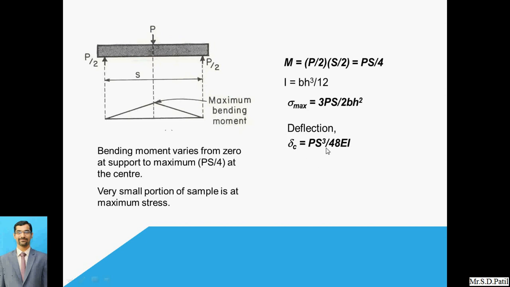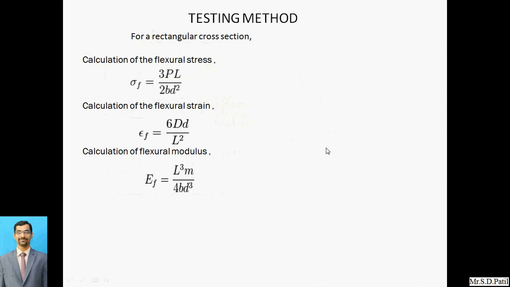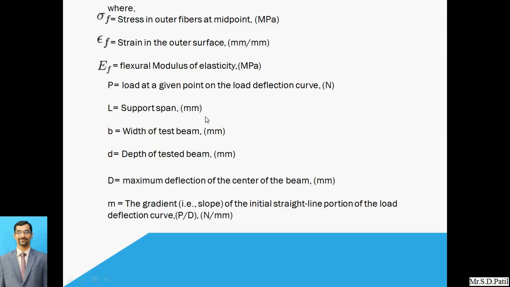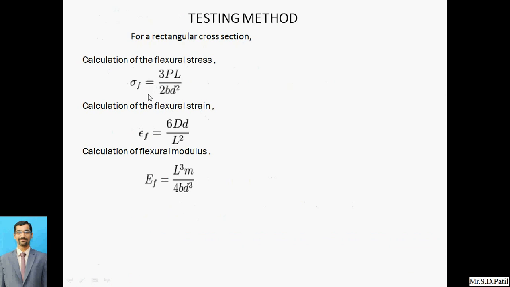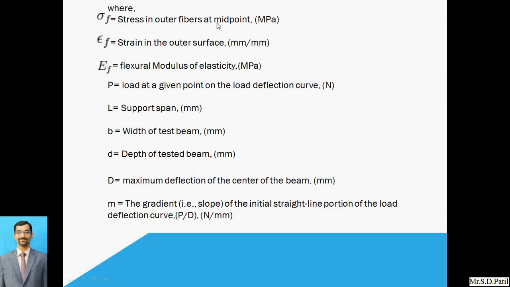So this is just a mathematical formulation in a simple manner. For the rectangular cross section, these are the formulae for calculating the flexural stress, the flexural strain, and the flexural modulus. What is the meaning of sigma f? It is the stress in the outer fiber at the midpoint.